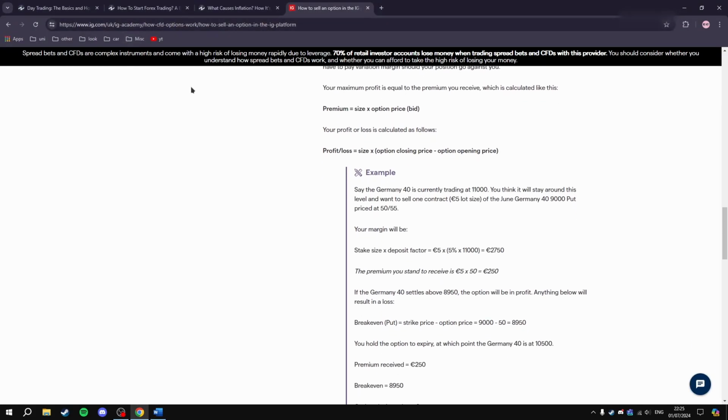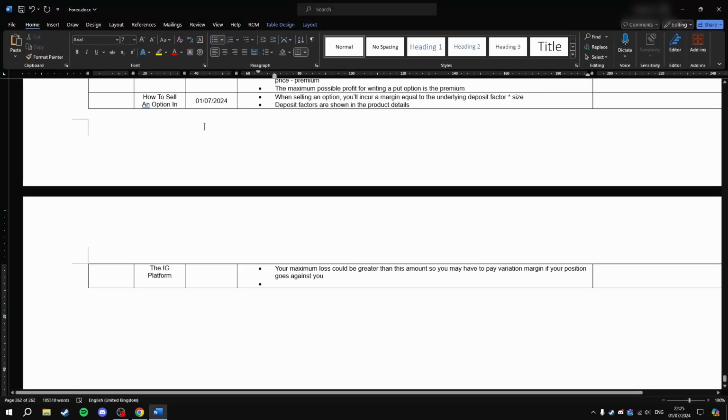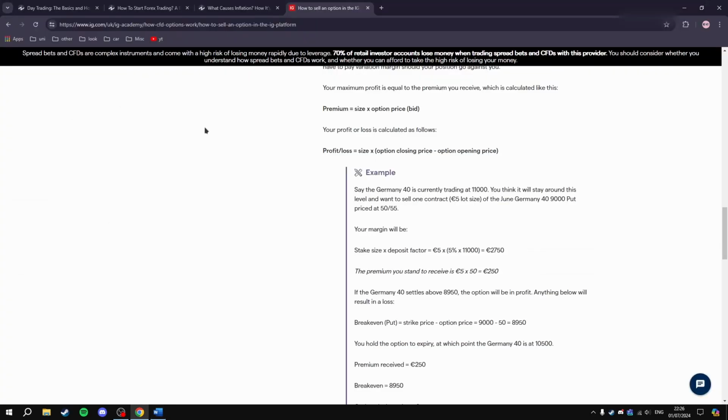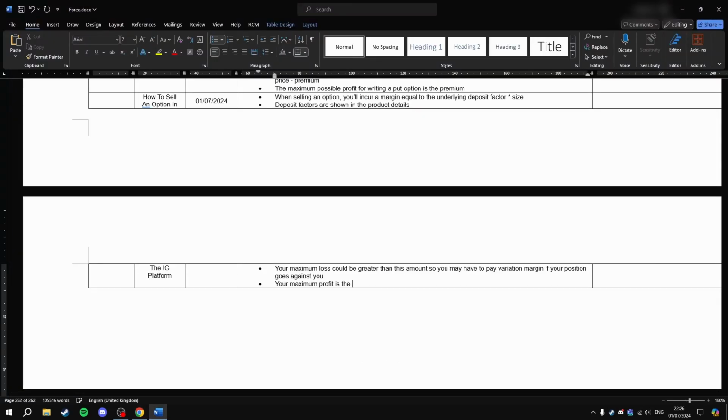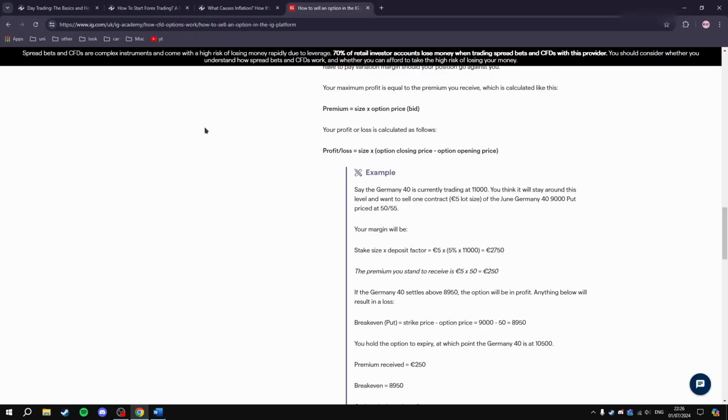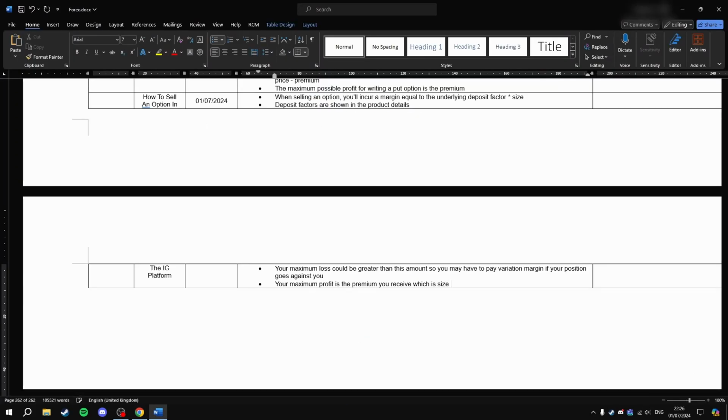Your maximum profit is equal to the premium received, which is calculated like this. Your maximum profit is the premium you receive, which is size times option price, so the bid price.